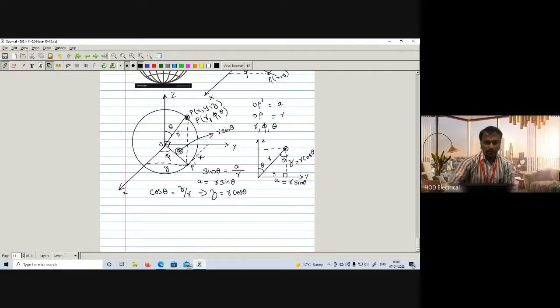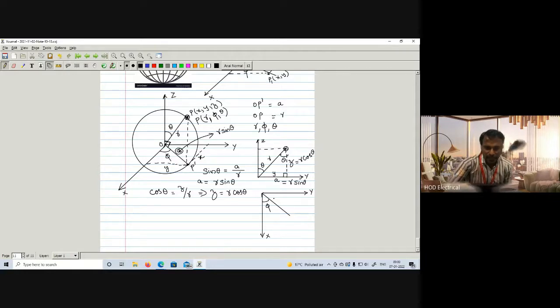Now if you draw this in the xy plane, we are going to find out r, phi and theta in terms of x, y, and z, right? Now we know that this angle is 90 degrees, this will be the x-axis and this will be the y-axis, then this angle will be phi.